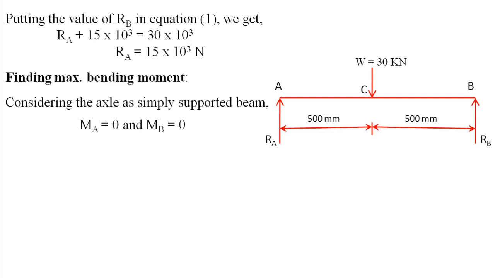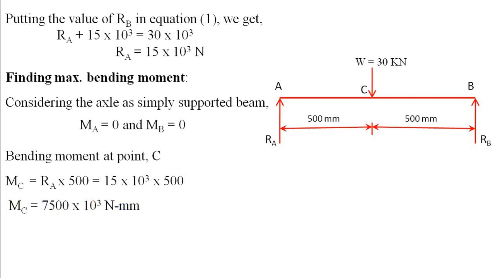To find out bending moment at point C, we have to take moment at point C. Then we can write down it as M suffix C is equal to RA into 500. 500 is perpendicular distance between point A and C. From that, we will get bending moment at point C is equal to 7500 into 10 raised to 3 Newton mm. This is our maximum bending moment, means capital M is equal to 7500 into 10 raised to 3 Newton mm.